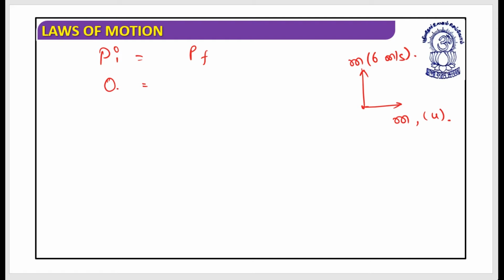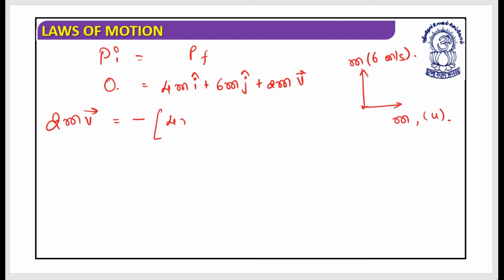So we can write 4m i cap plus 6m j cap plus 2m into v, because we don't know the direction of v.